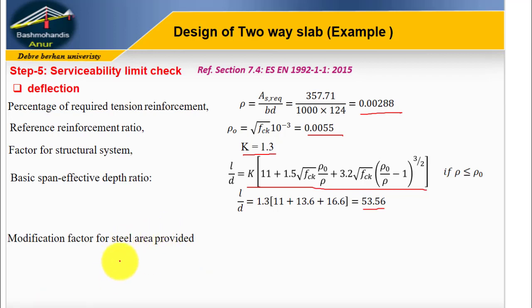Modification factor for steel area provided. We have to compute the steel area modification factor: AS provided over AS required.